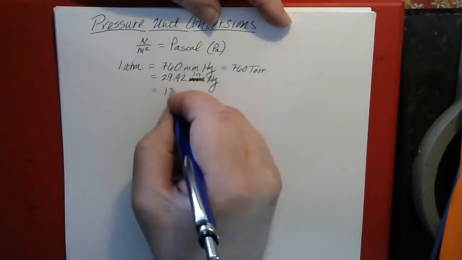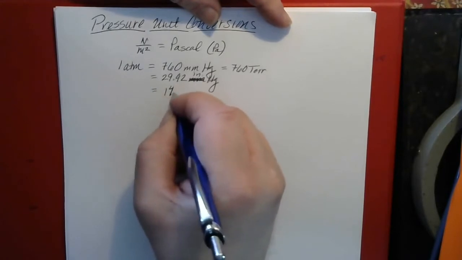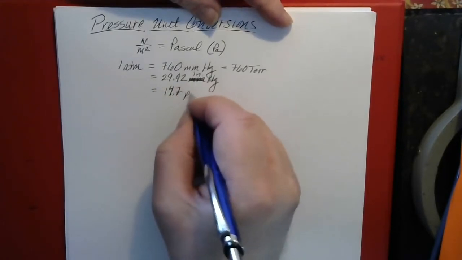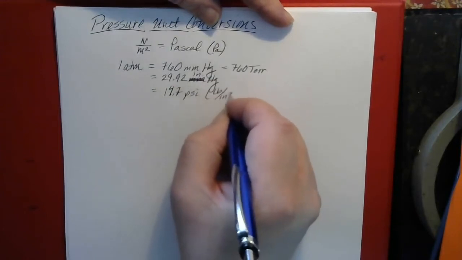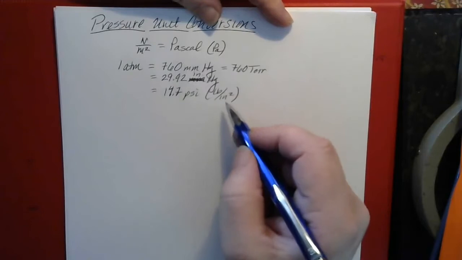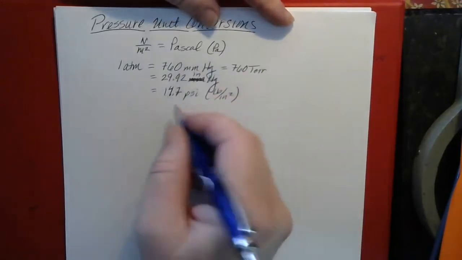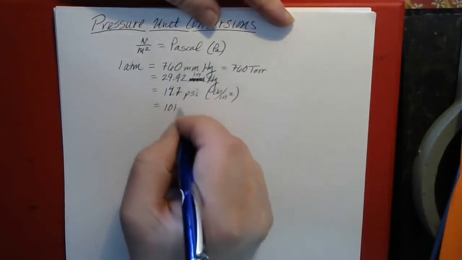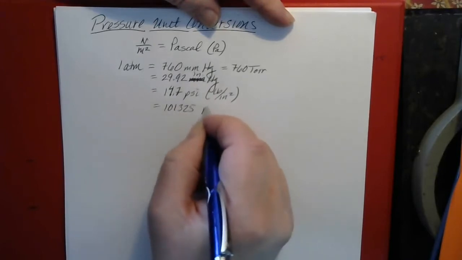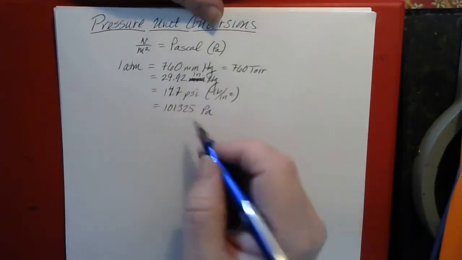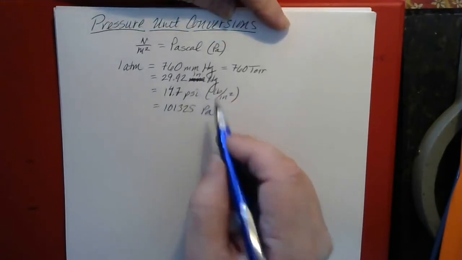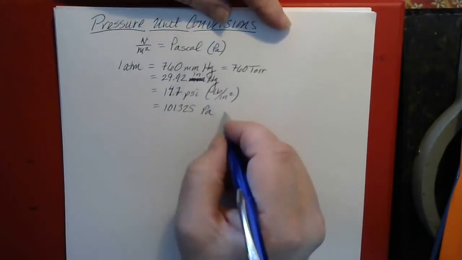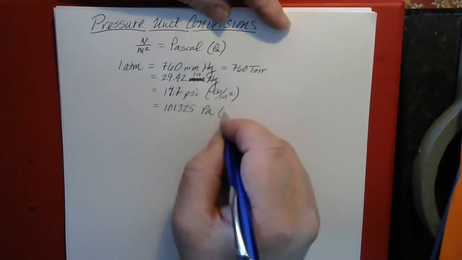1 atmosphere is also equivalent to 14.7 pounds per square inch, which is the English version of a Pascal. In pascals, it's 101,325 newtons per square meter, which is what a Pascal is.